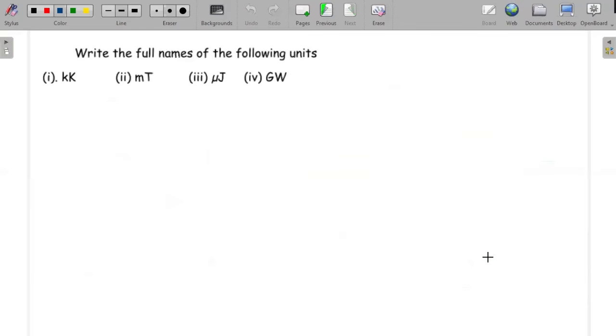The last question is saying, write the full names of the following units. This one is a very simple question, actually. You can see on the first one, we have a small letter k and a capital letter K. A small letter k is used to represent kilo, whilst the capital letter K is used to represent what?